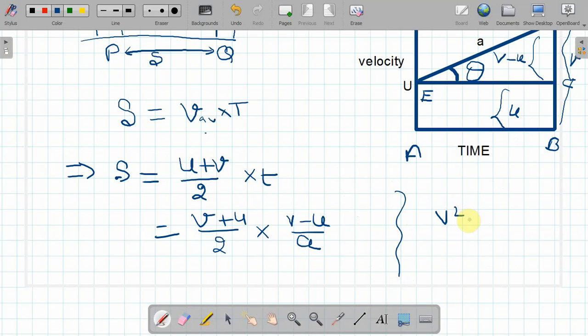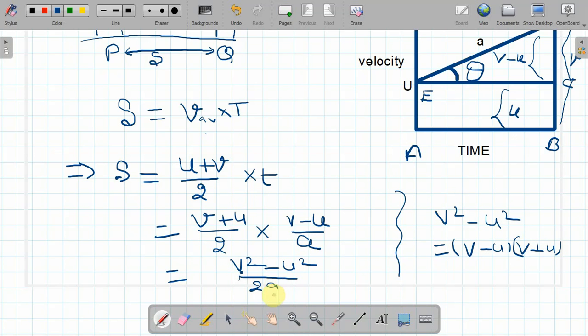V square minus U square can be expressed as V minus U into V plus U. This is just like A square minus B square is equal to A minus B into A plus B. So we can write this as V square minus U square by 2A.